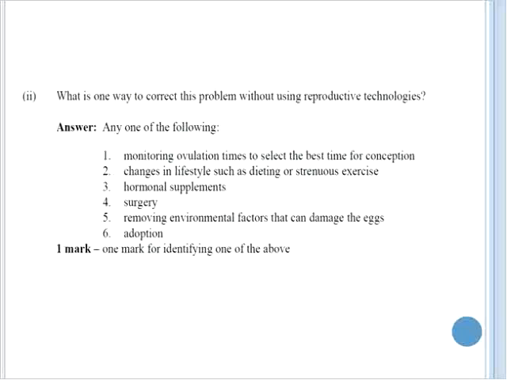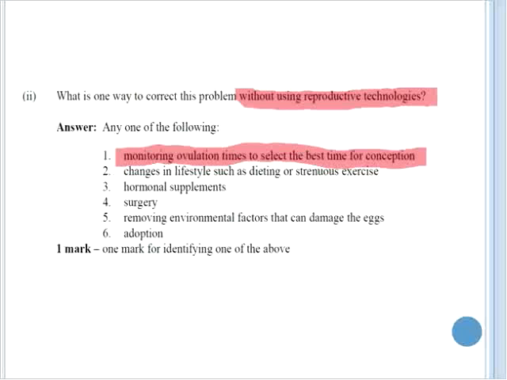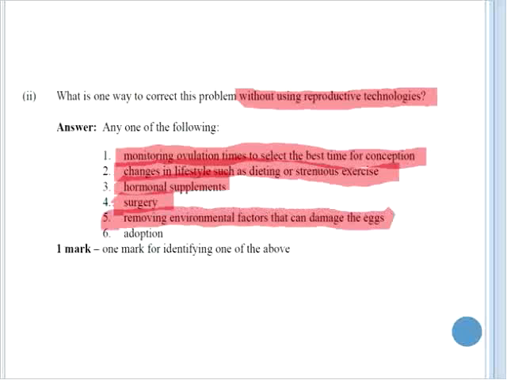Part 2 in the question asks you for one way to correct this problem without using reproductive technologies. The answers include any one of these: monitoring ovulation to select the best time for conception, change in lifestyle such as dieting or strenuous exercise, hormonal supplements, surgery, removing environmental factors that can damage the eggs, or even possibly adoption.